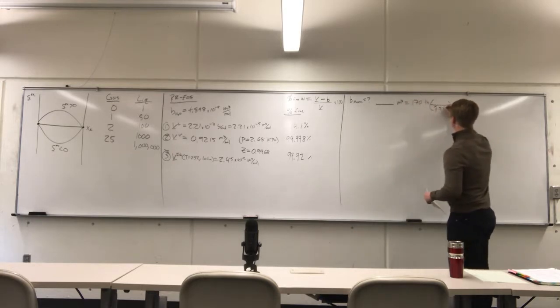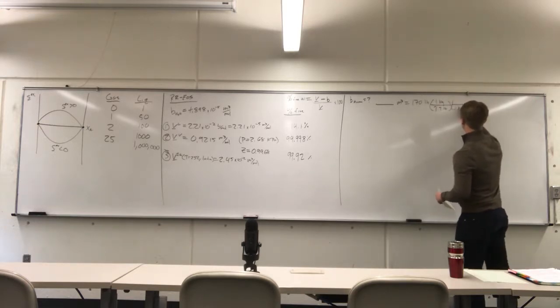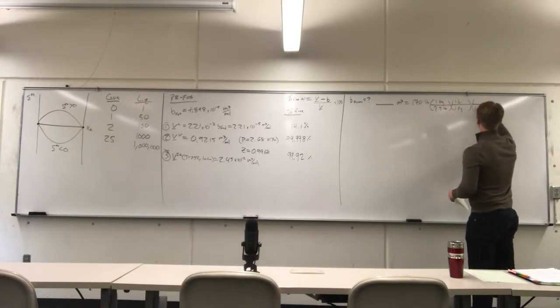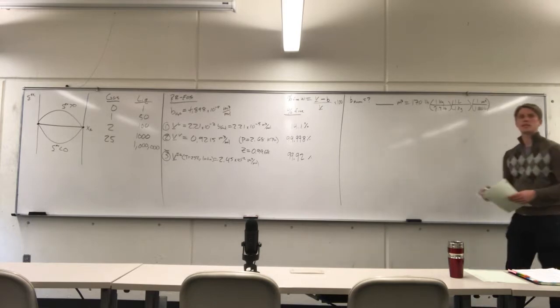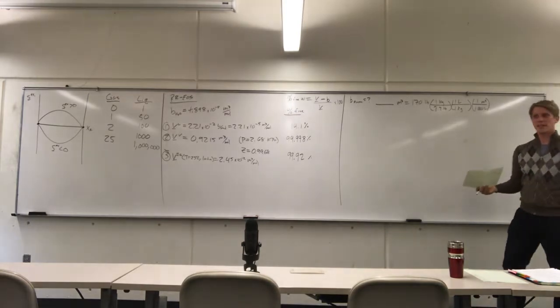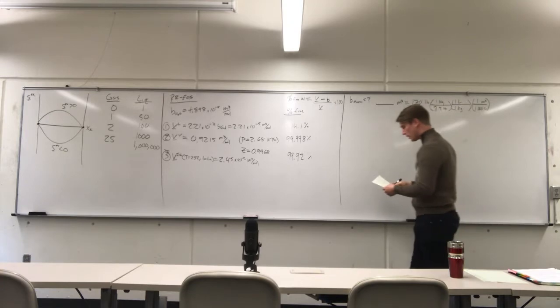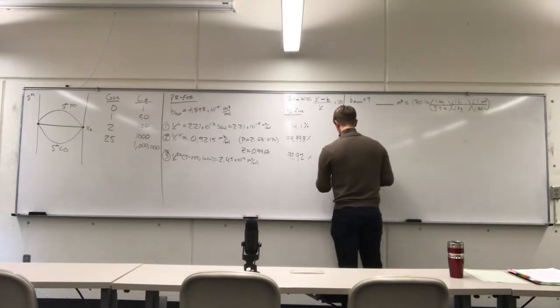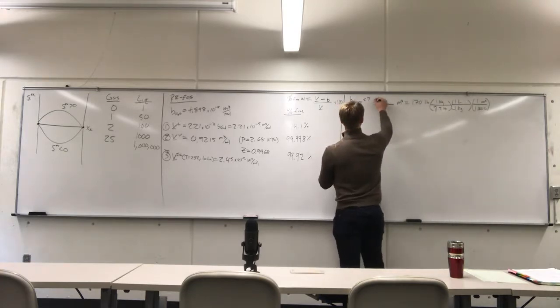So 2.2 pounds is 1 kilogram. I use the density of water, so 1 kilogram is 1 liter, and 1,000 liters is 1 cubic meter. So this is the volume of a person in terms of cubic meters, assuming that you all have the density of water and the weight of 170 pounds.